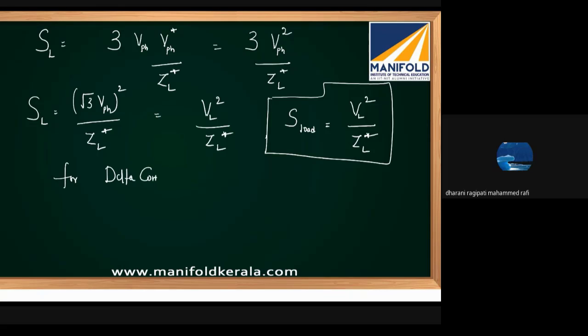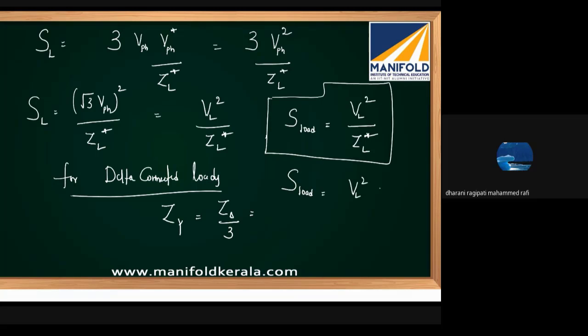For delta connected loads, you need not remember another formula. First, you can write Z star is equal to Z delta by 3. If you replace them, the complex power absorbed by the load will become V_L square by (Z delta by 3) conjugate, which gives 3 times V_L square by Z delta conjugate.